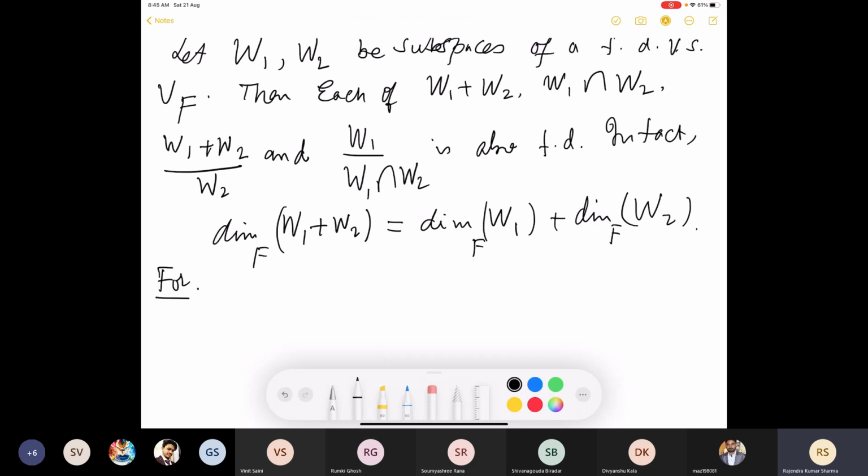So for the first one, that this W1 plus W2 is also finite dimensional, what we use is this simple thing. So recall the isomorphism theorem, that W1 plus W2 by W2 is isomorphic to W1 by W1 intersection W2.